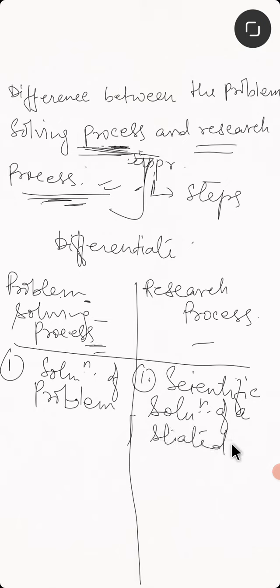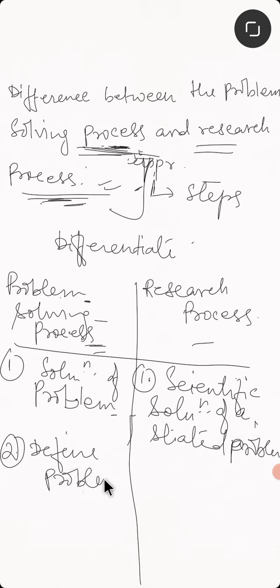So the first difference: in the problem solving approach or process, you want a solution of a problem; in the research process, you want a scientific solution of a problem. In the problem solving approach, you need to define the problem first.